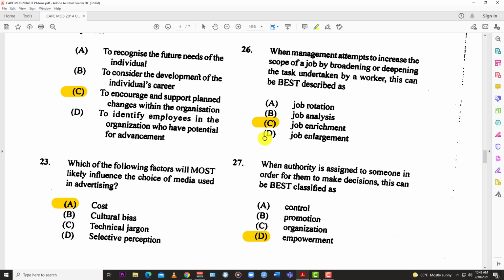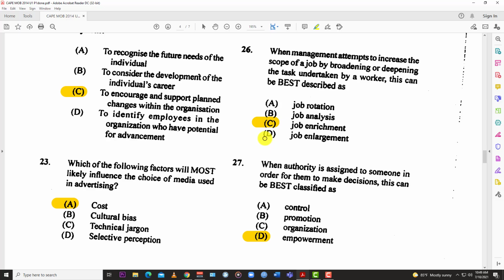I think they made a correction because in 2013 they had job enhancement, and that is not a part of the literature per se. So in 2014, they made a correction and included all the words from the textbook, and so the best answer here is C, job enrichment.